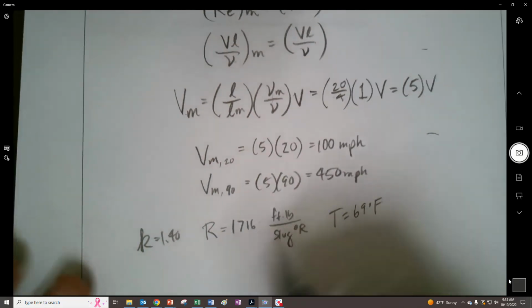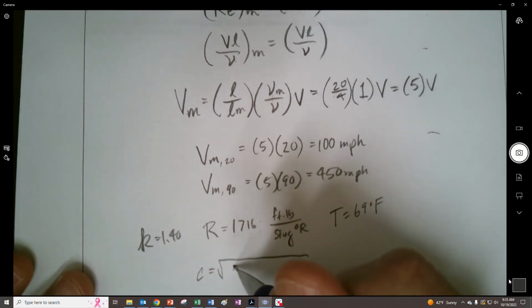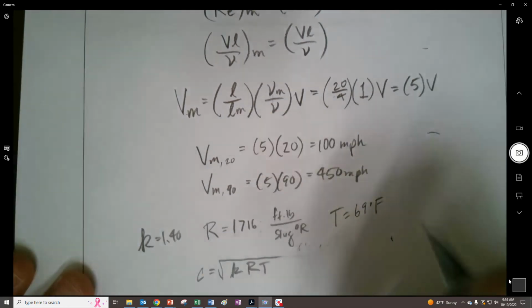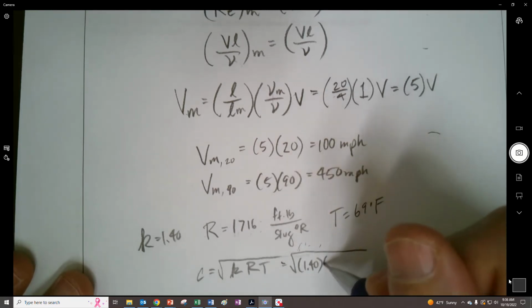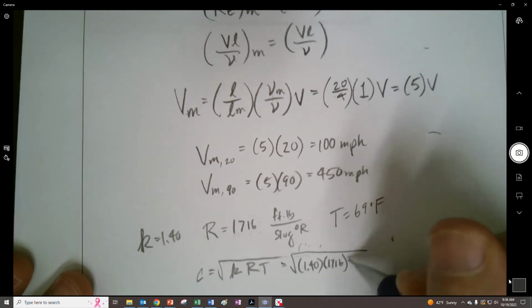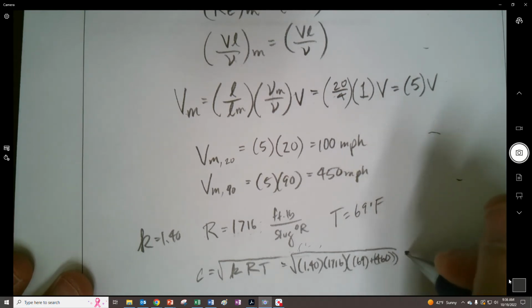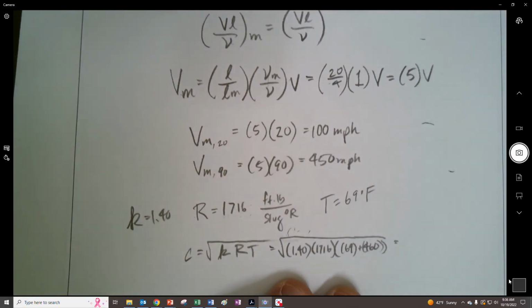All right, so we can find what the speed of sound is going to be: square root of kRT. Remember, it has to be absolute. So we're going to say it's the square root of 1.4, and we can trust the units are going to work out as long as we use Rankine. So we're going to have our 69 plus 460. Good thing to memorize if you haven't already. Then times 1716 and 1.4.